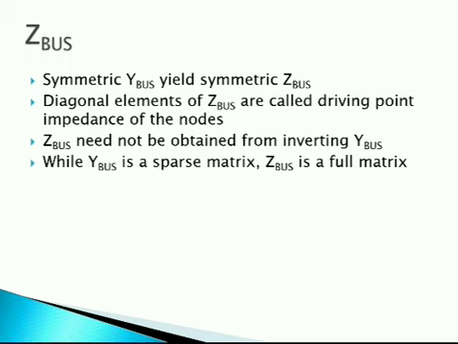The Z bus need not be obtained from inverting Y bus, but directly finding the Z bus would be more difficult than finding the Y bus. Although it is not required, you can get Z bus from inverting Y bus. Now why is it difficult to find?